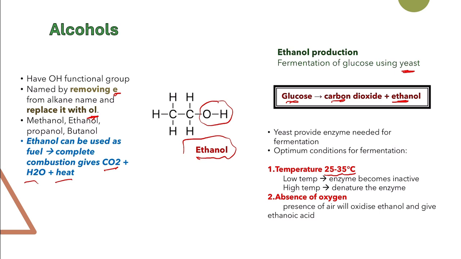And also this reaction, the fermentation, needs to be done in the absence of oxygen, because the presence of oxygen will oxidize ethanol to give ethanoic acid, and it will not stop at the stage of formation of ethanol. So to obtain ethanol, you need to run the fermentation in the absence of oxygen, or under anaerobic conditions.